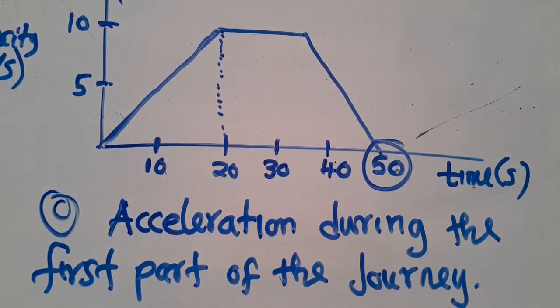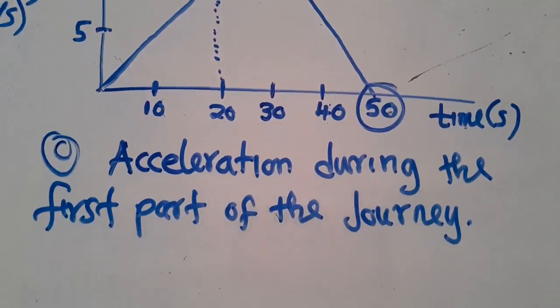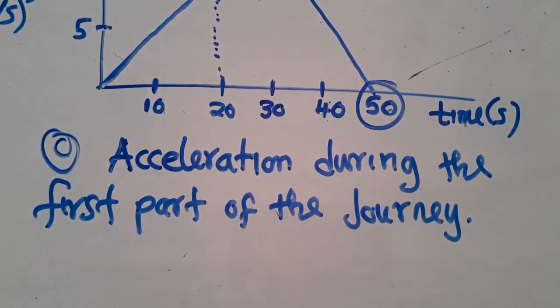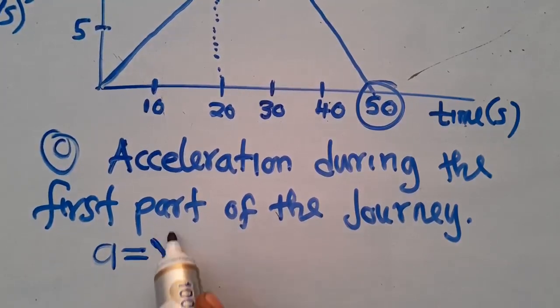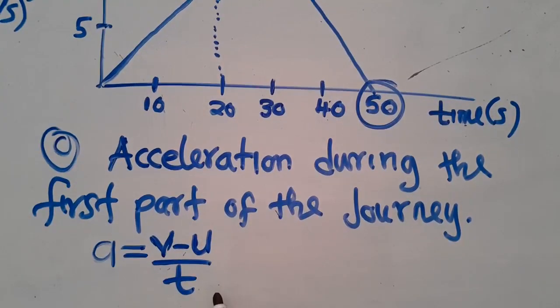This is what you need to do. The first thing is you write the formula. Acceleration is equal to final velocity minus initial velocity over time.